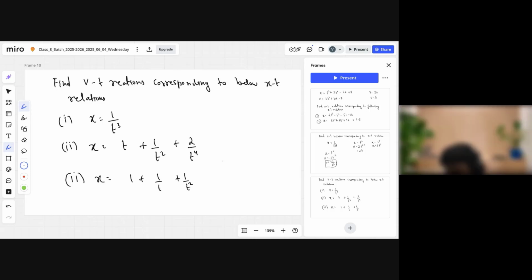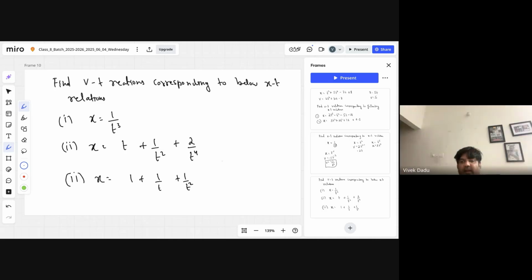So second and third are also wrong, by the way, for the same reason. First one is fine. Second one, you are saying that nothing happens to this.